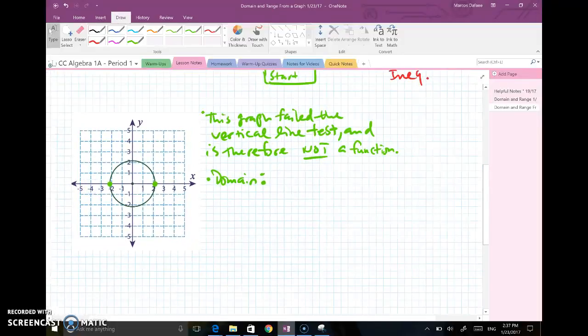We're going to say for the domain, oops, wrong. That was not the right mark. Bracket, because everything on the circle is a closed dot, and it goes from the left to the right, so it's going to be from about -2, let's say -2.2, right? And it stops at +2.2.